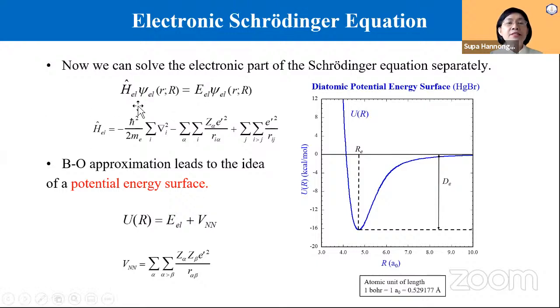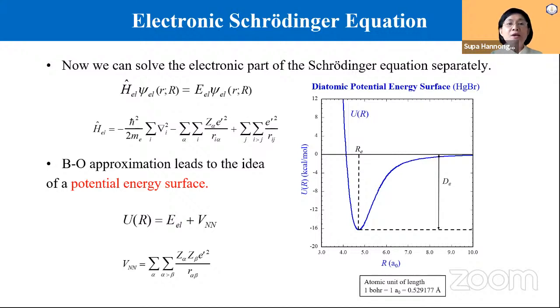We have the Schrödinger equation in terms of H electronic and the electronic wave function equal to the eigenvalue depending on electronics multiplied by the electronic wave function.